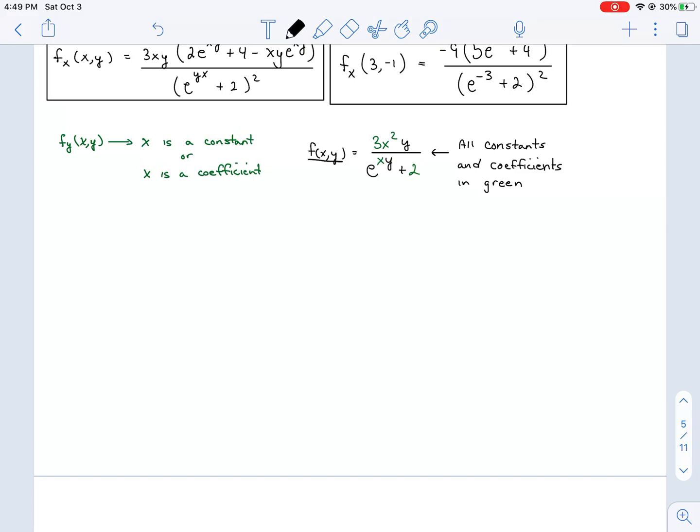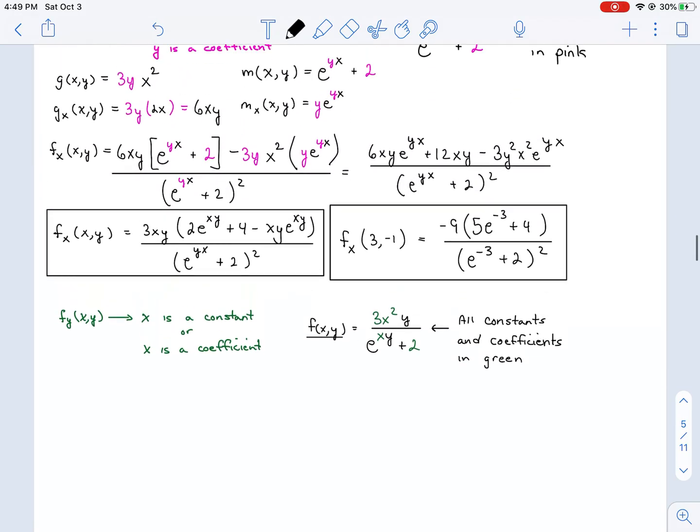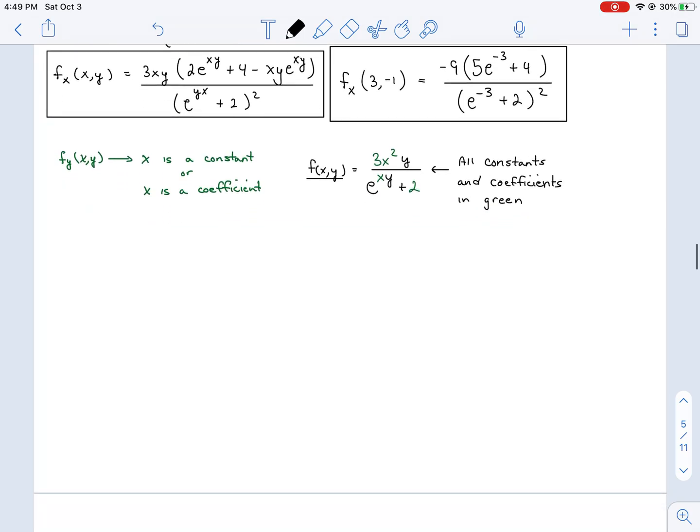And I've already gone ahead and written all constants and coefficients in green. So I'm going to do the same thing that I did when I wanted to find the partial derivative with respect to x. I'm going to take the numerator and the partial derivative with respect to y of the numerator, and I'm going to take the denominator and find the partial derivative with respect to y of the denominator.